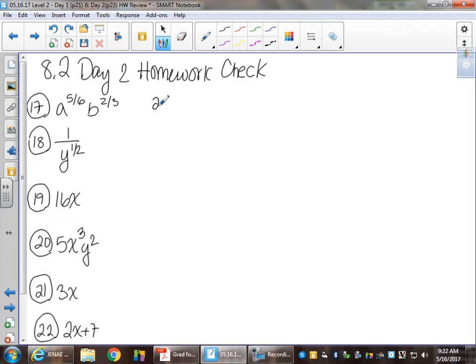Good job. 23. 7 to the 5/3. 24. Y to the 1/2 divided by x to the 1/5.